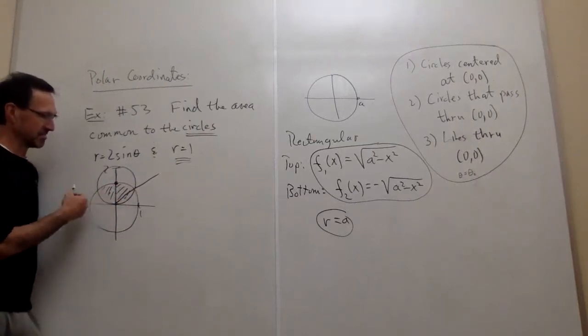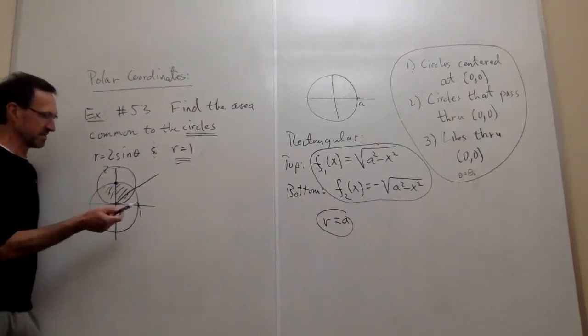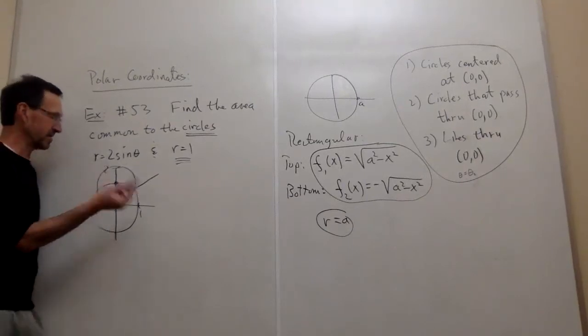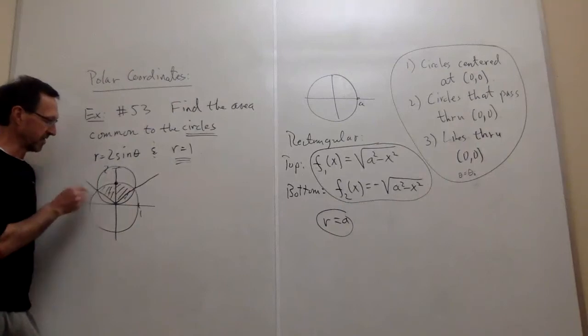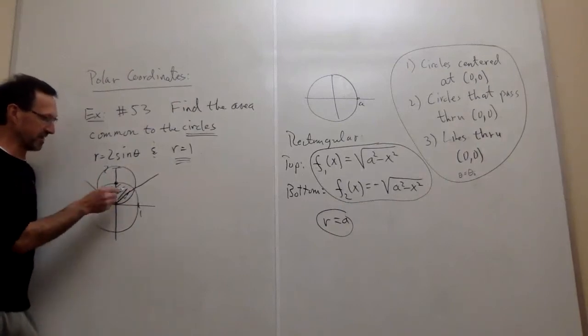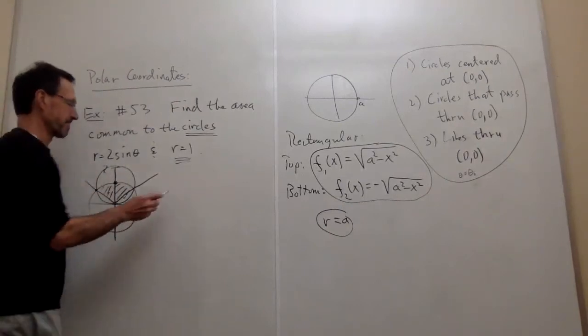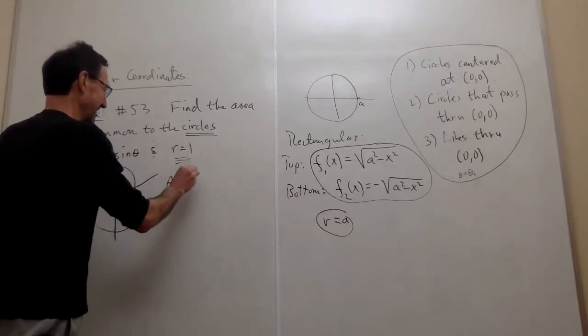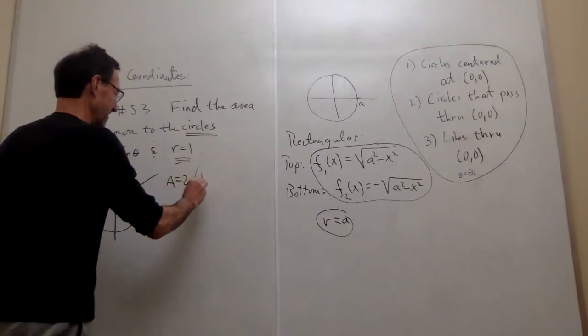And then I think, because these are circles, a lot of symmetry properties, we can just double it and we'll get the same area over here. Or I could do the analysis, I could find the angle over here where they intersect, but we'll just find the area in the first quadrant and double it. So our area looks like we're going to double it, and the formula has a 1/2.